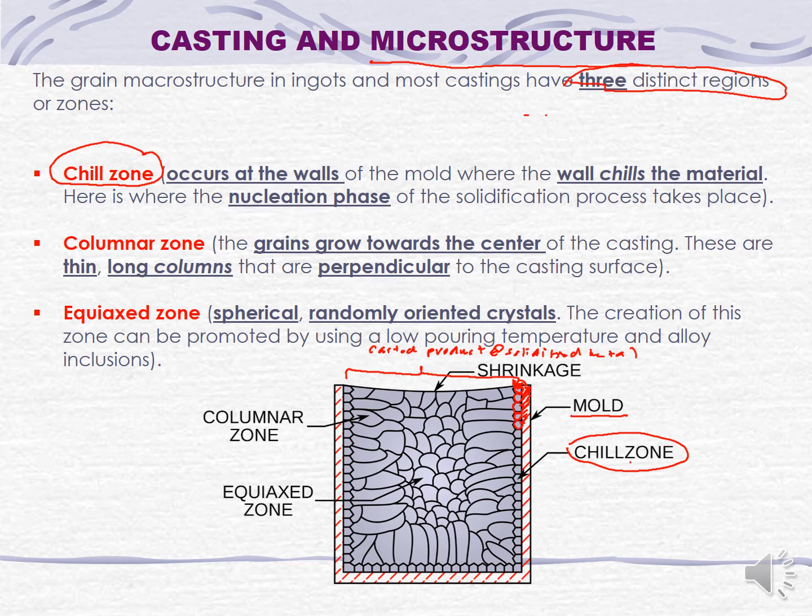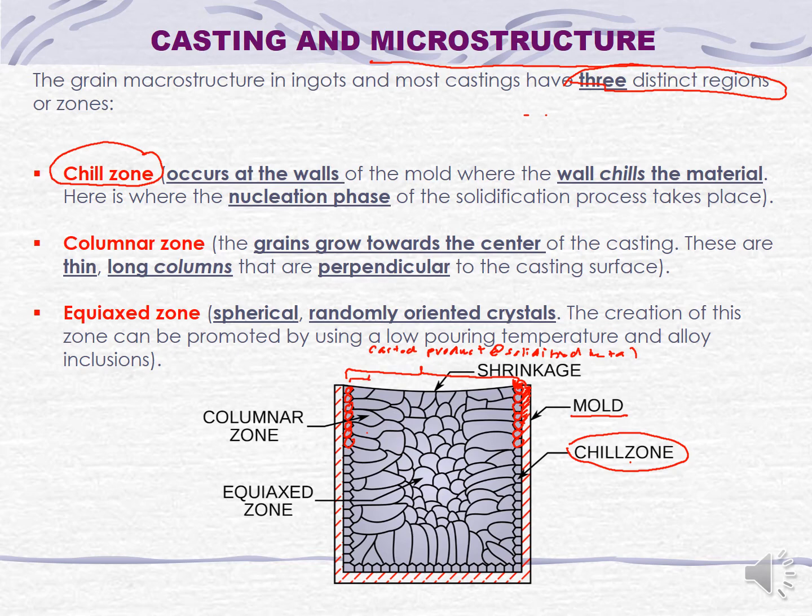Start of the nucleation phase during the solidification process. You can see next to the mold the sphere-like particles. These are nuclei of metal starting to form.